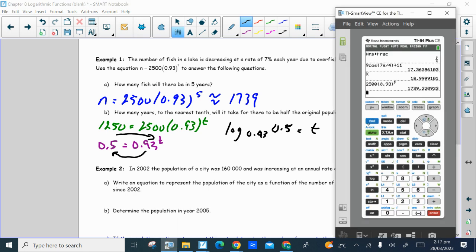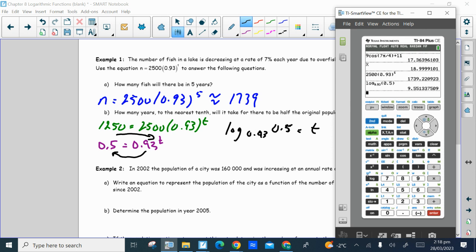So if you have the newer operating system, you can use that. If you don't, you have to use the change of base identity. So using the newer operating system, it would be 9.6 years, to the nearest tenth.